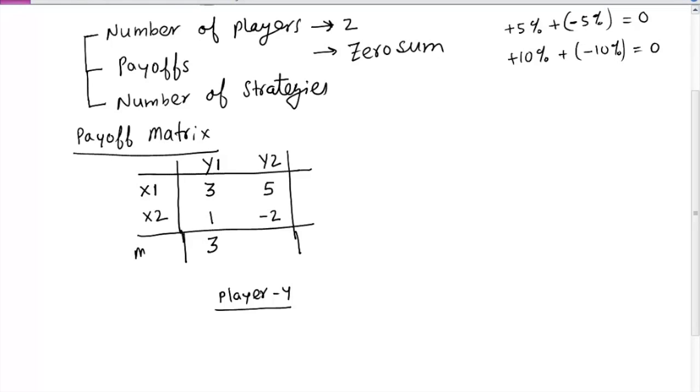So I'm going to write maximum values in this last row. Similarly, maximum possible loss for player Y will be 5. And basically what player Y will try to do is to minimize the possible losses. So out of the 2 values, player Y will choose this one.